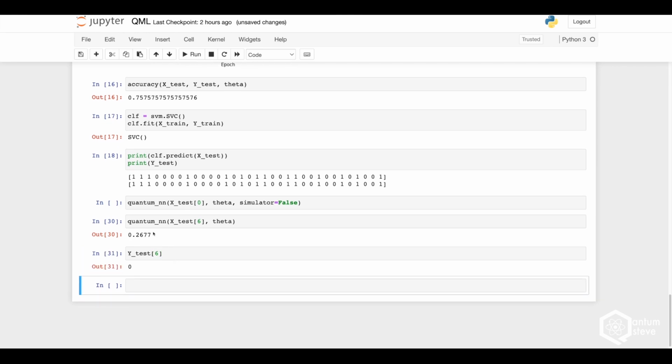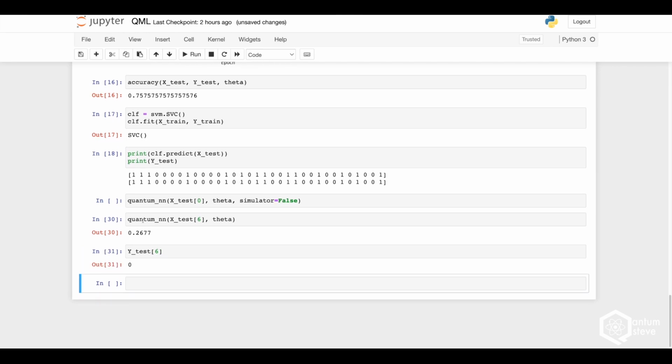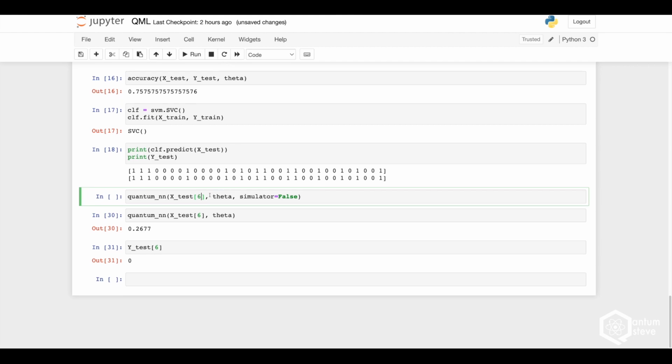So yeah, this is actually a good data point here. So the prediction for the sixth data point from the test set is 0.2, and it indeed does correctly predict the right label. So now let's just run this on the real quantum computer and see if that is able to give the same result.